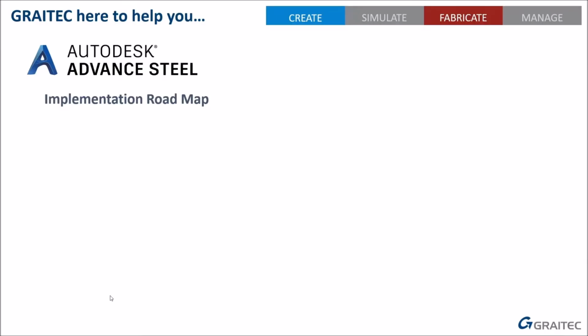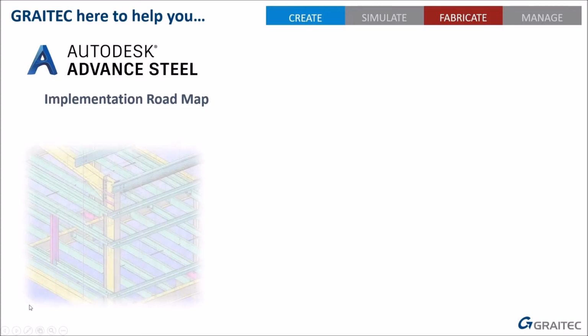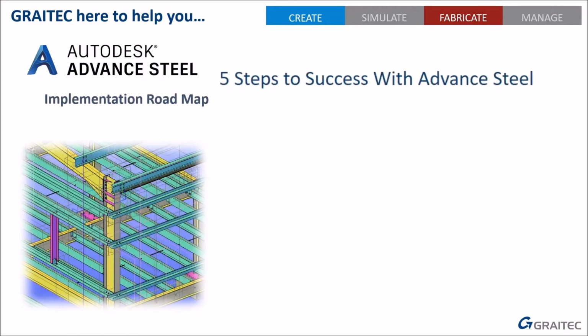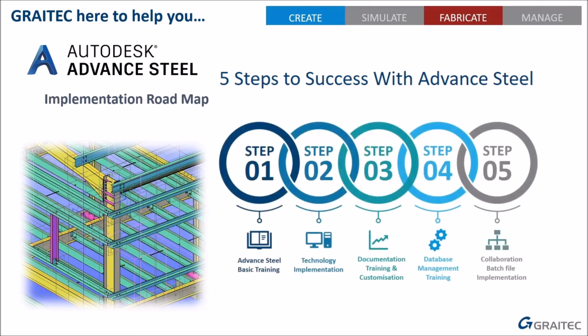And that takes us to the end of today's webinar. We at Graitec in the UK are here to help you with advanced steel. We have written out what we call a roadmap, broken down into the 5 steps to success with advanced steel. Step 1 is when you do your basic training.